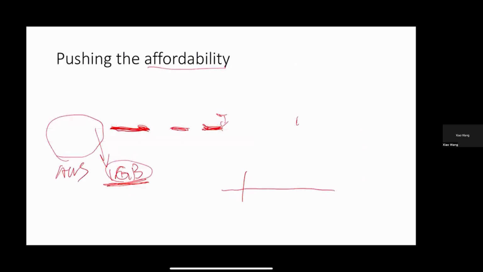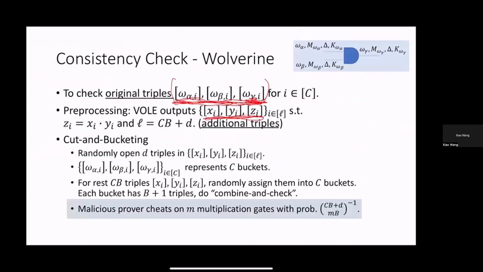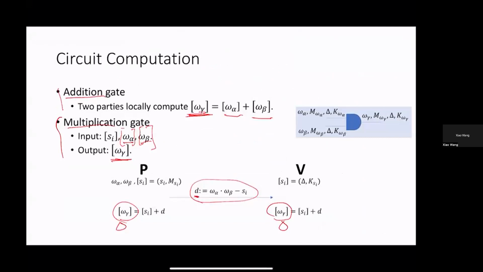So over here, when I talk about zero knowledge proofs, I implicitly assume that the computation is going to be represented as a circuit.